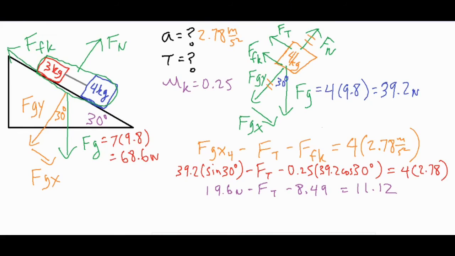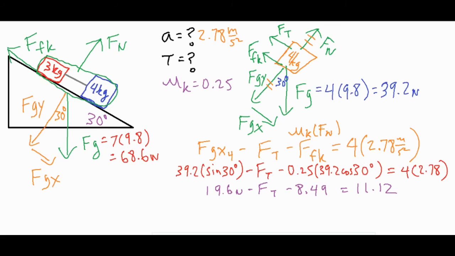Now that we're just about done with this problem, we have our FGX, which we did something similar to what we did with the first triangle, as we used the sine of the angle times the hypotenuse to find our FGX. We subtracted FT. FT is our unknown. And then we did the coefficient of kinetic friction times the normal force again for the kinetic friction for this case.